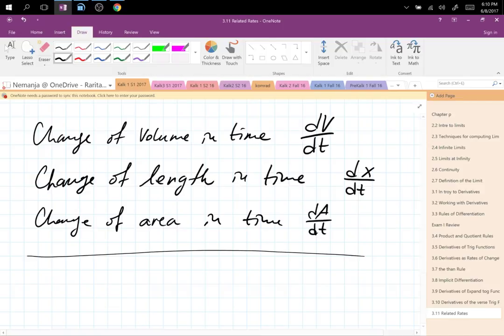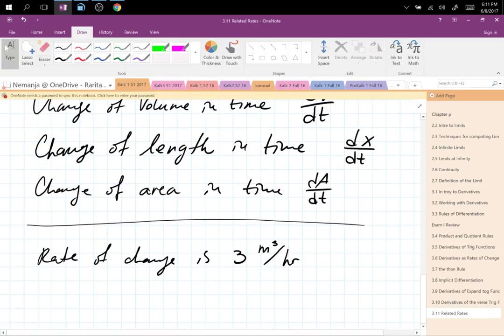If someone tells me that the rate of change is 3 meters cubed per hour, I immediately know they're talking about what? Volume in time, so dV dt. Immediately, because meter cubed is a volume. Why is it volume? Because length times length times length is volume, 3D. And each length was meters, so meter times meter times meter is meter cubed.